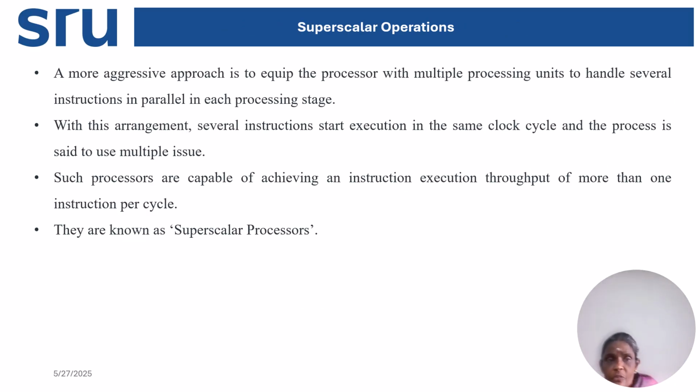So after this, we have to see superscalar operation. Pipelining and multiple processors are all the basics for learning the superscalar operation. A more aggressive approach is to equip the processor with multiple processing units to handle several instructions in parallel in each processing stage.